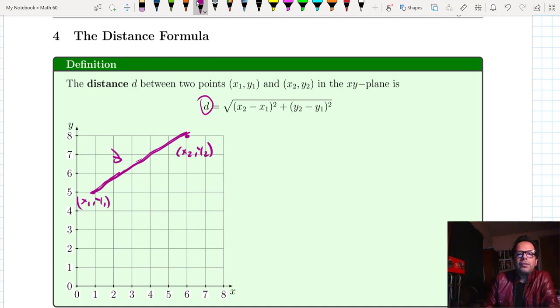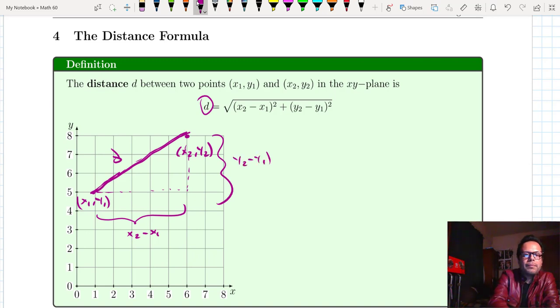And we are going to subtract the differences between the coordinates. This is x2 minus x1, and this vertical distance, this is y2 minus y1.